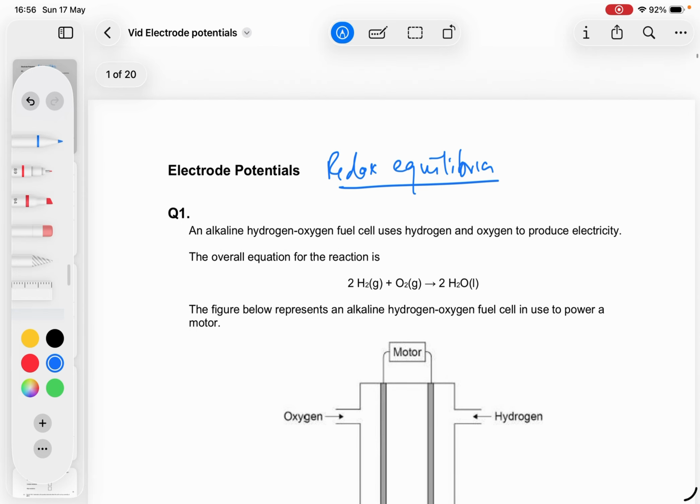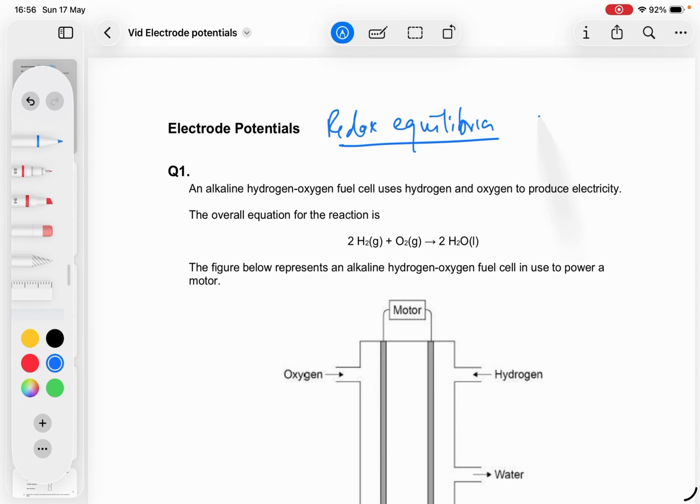The easiest way to understand this is I'm going to use this little bit of space to explain this. We have two half cells. So we're going to do a copper and zinc half cell. Copper is the positive end, zinc is the negative end.